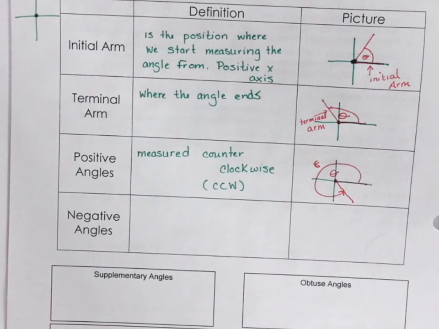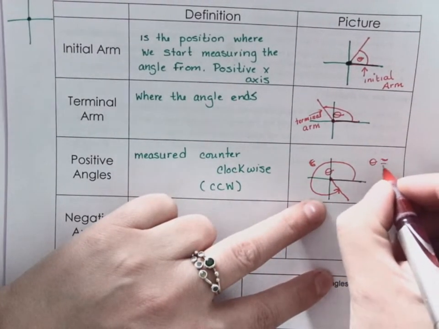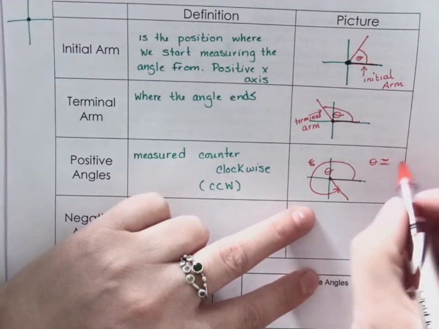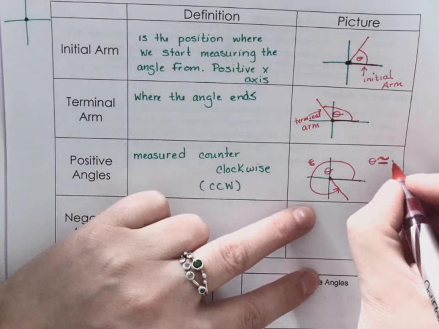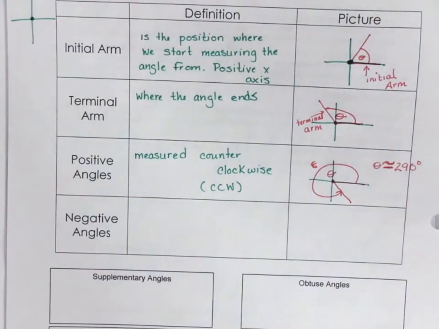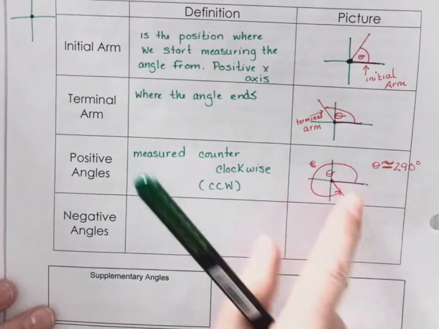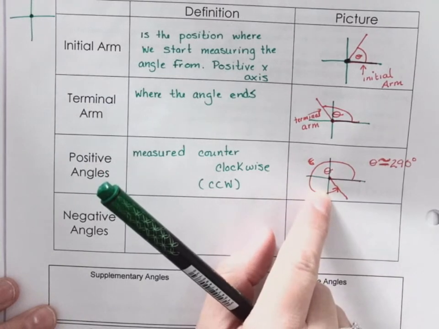What would you guys say that estimated angle is? So we're making a prediction that theta is approximately, and you guys are familiar with the approximate symbol, a straight line and then a wavy line on top of it. We're saying that's approximately 290 degrees, right? Because you knew that this is 90, this is 180, that's 270, and I went beyond 270.